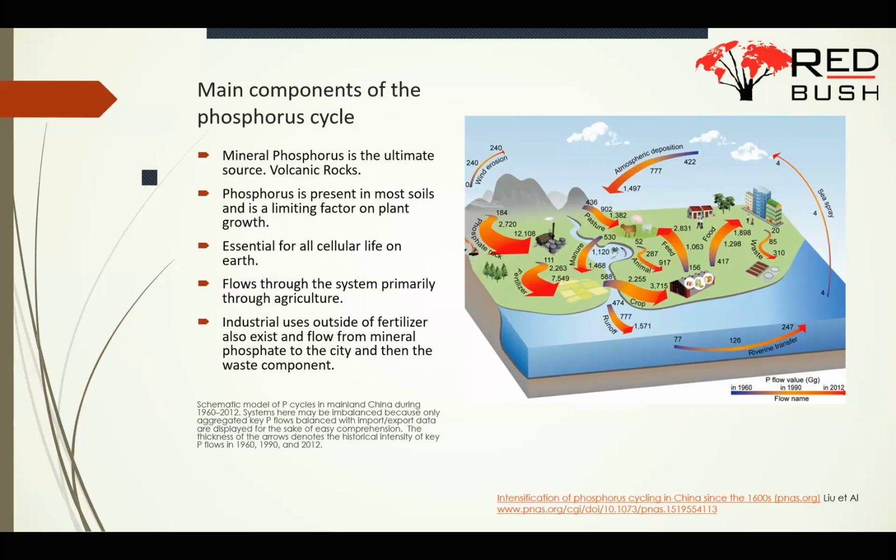It's present in most soils and is a limiting factor on plant growth. It's absolutely essential for all cellular life on Earth. It flows through the system primarily through agriculture. All right, and there are some industrial uses outside of the agriculture, but it's less than 10%.